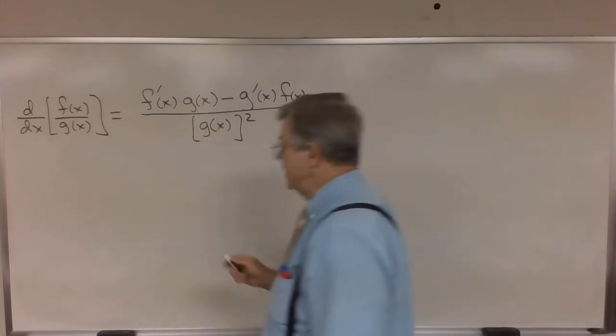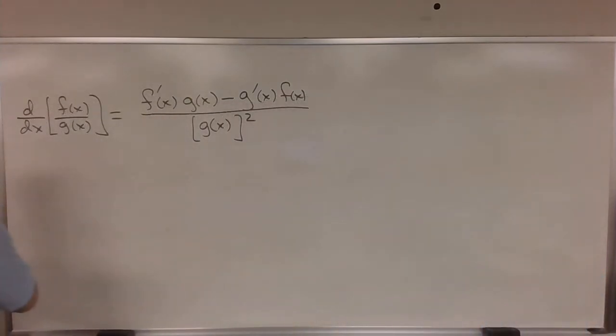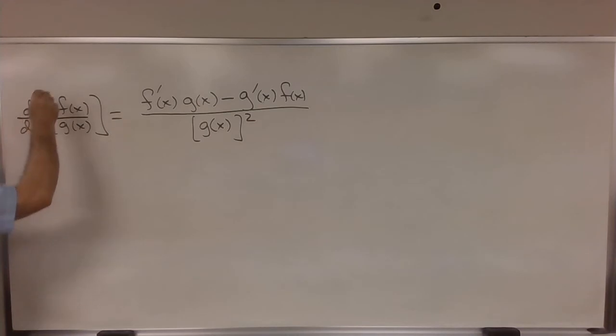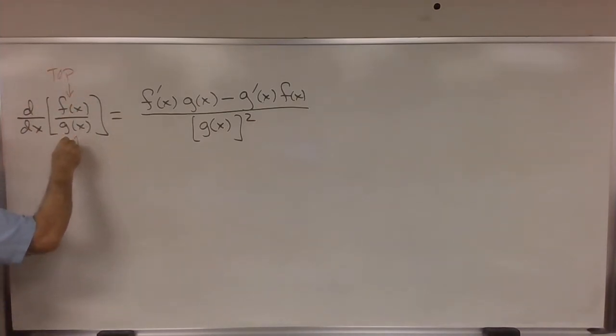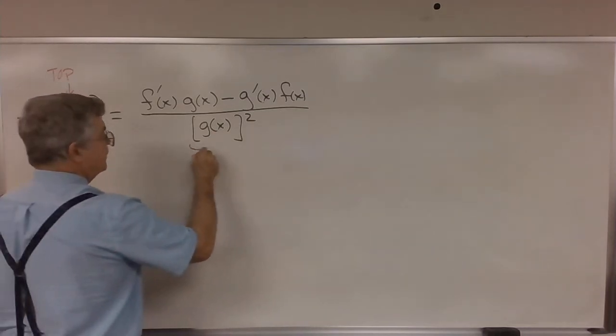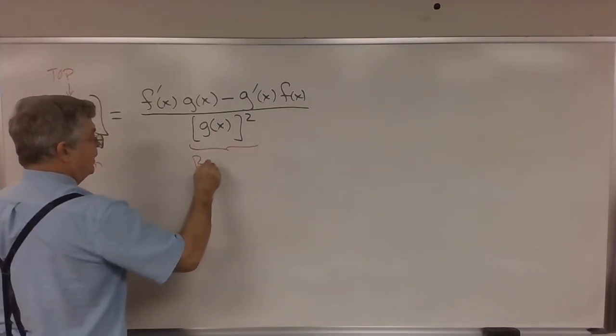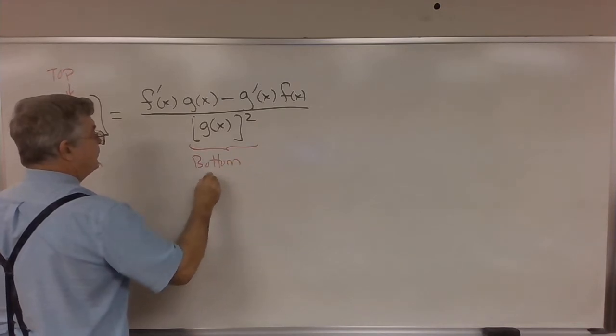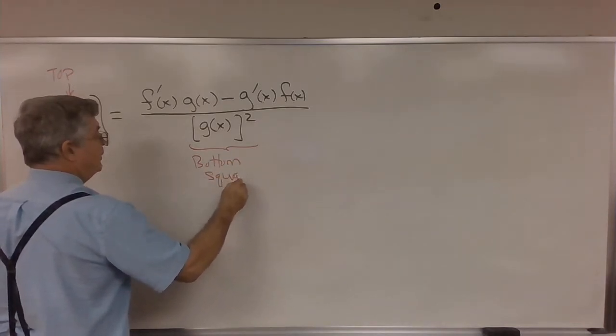So let me diagram this. I'm going to call this thing the top. I'm going to call that thing the bottom. So what have we here? This is the bottom squared.